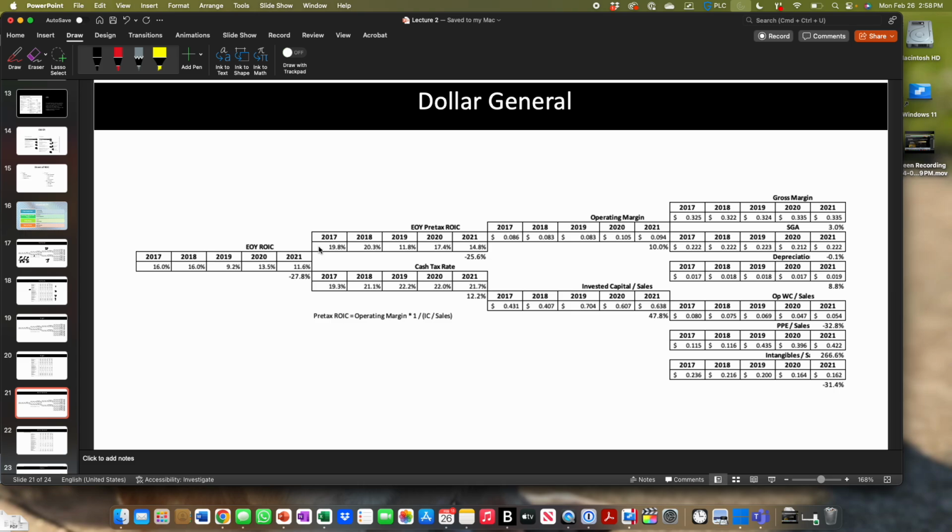Was tax rate the only reason that the after-tax fell? The pre-tax went from, what was it, 19.8 to 14.8? Why did the underlying business get worse? Now you can say what you said. Why did the pre-tax get worse?